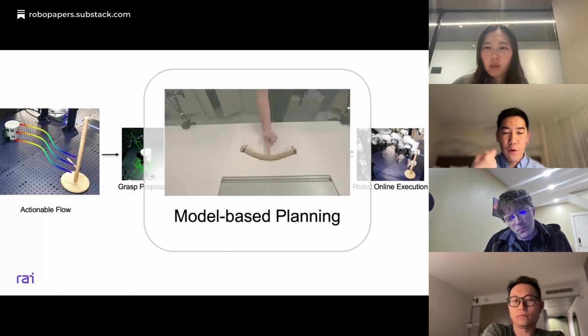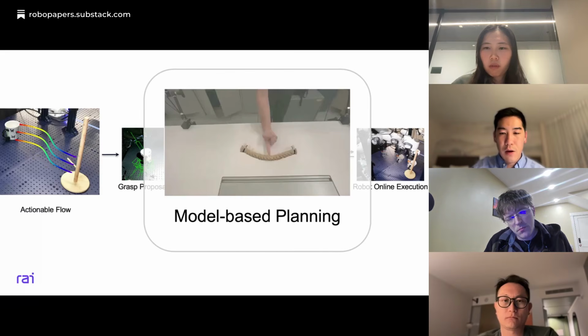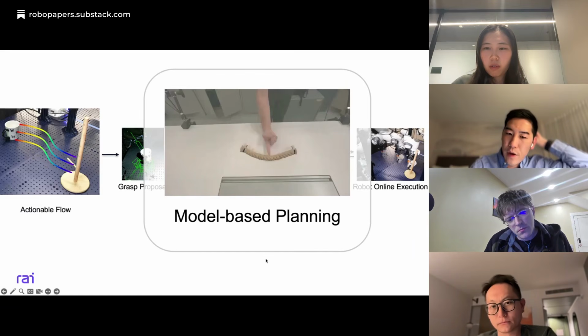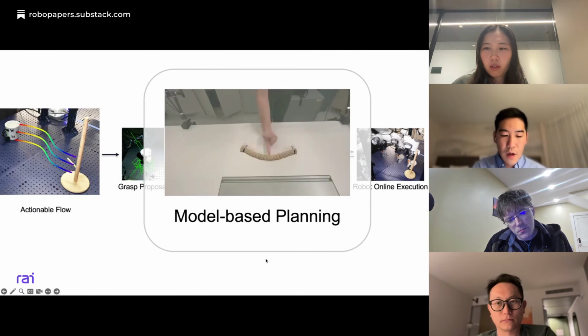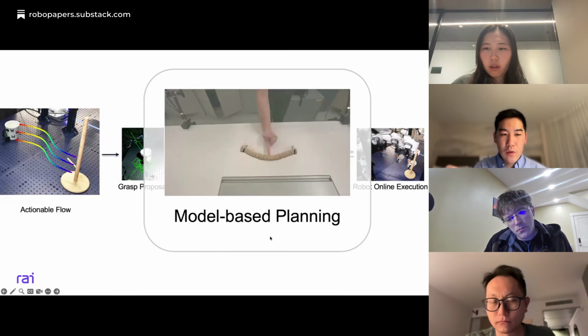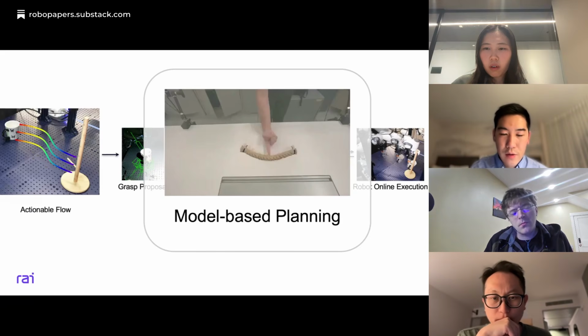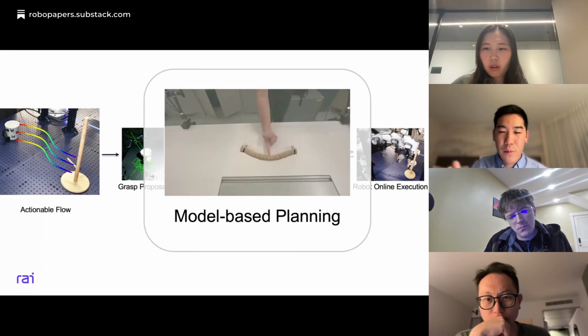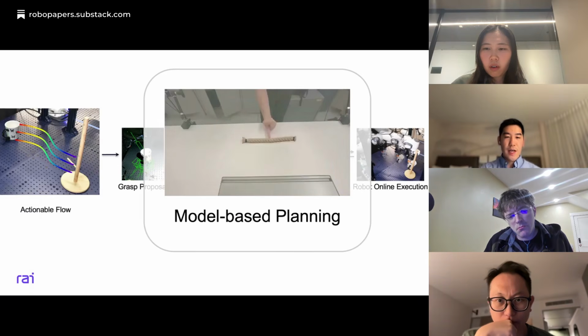It will predict the future particle states of this rope. So with this model-based planning framework, we can design a tracking controller using MPC to calculate a sequence of robot actions to track the actionable flow. Yeah. So that's the task execution part.